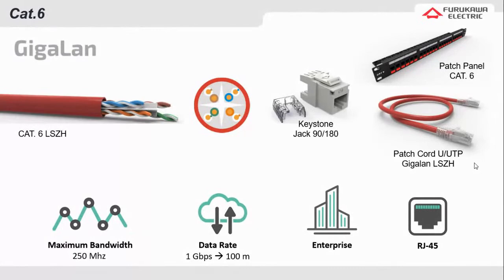Our CAT.6 cables come with an LSZH jacket. LSZH stands for low smoke, zero halogen. You must have heard of it. It's a compound that offers two great advantages over traditional PVC. On one hand, the fumes given off in the event of a fire are significantly reduced.